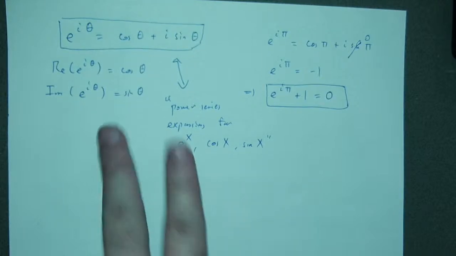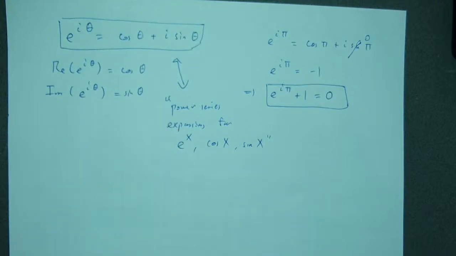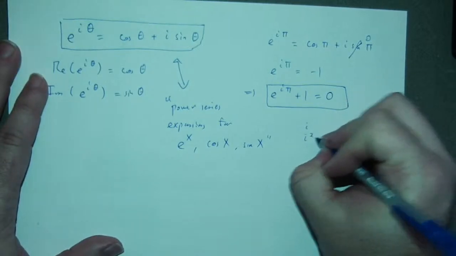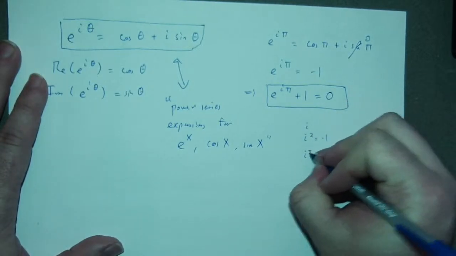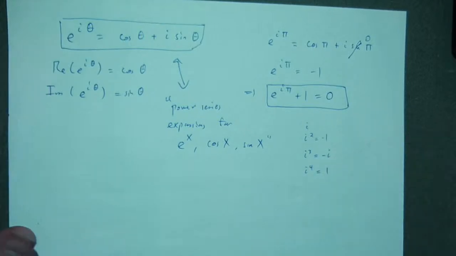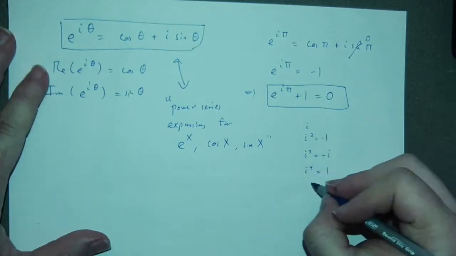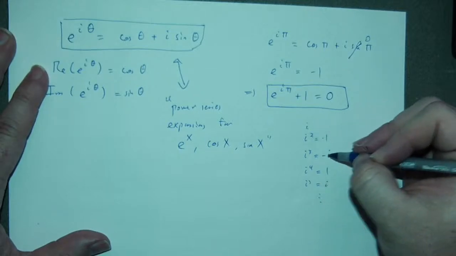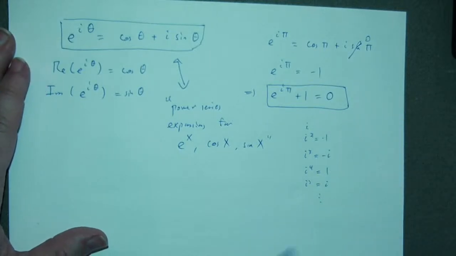You will see that it splits into two pieces, using the fact that i squared is minus 1, i cubed is minus i, and i to the fourth is 1. And this loops, right? i to the fifth is i, and so on. Now it loops: i, minus 1, minus i, 1, and that pattern continues.